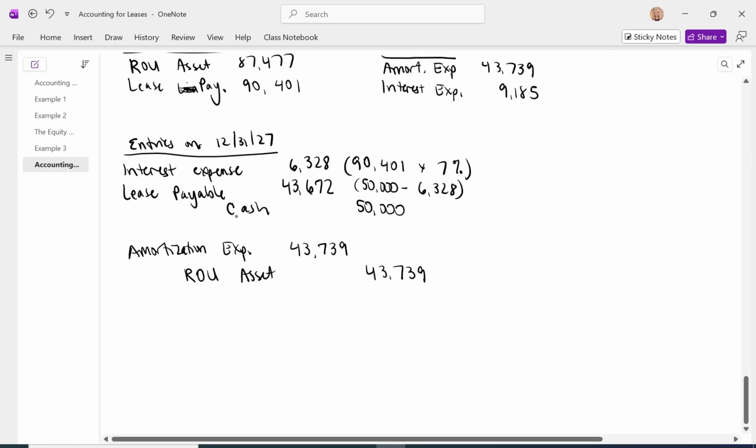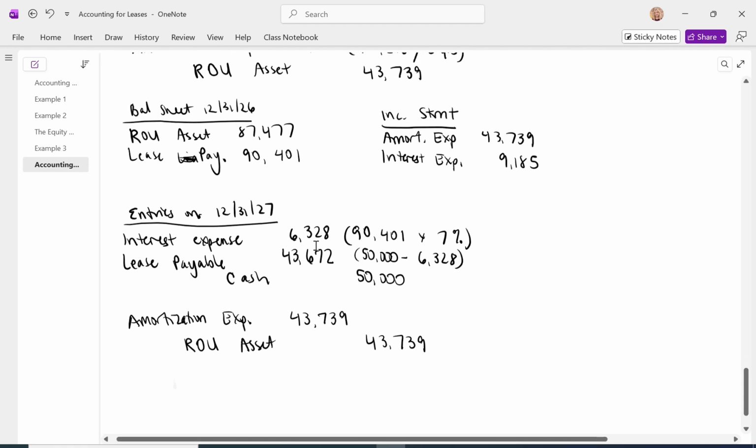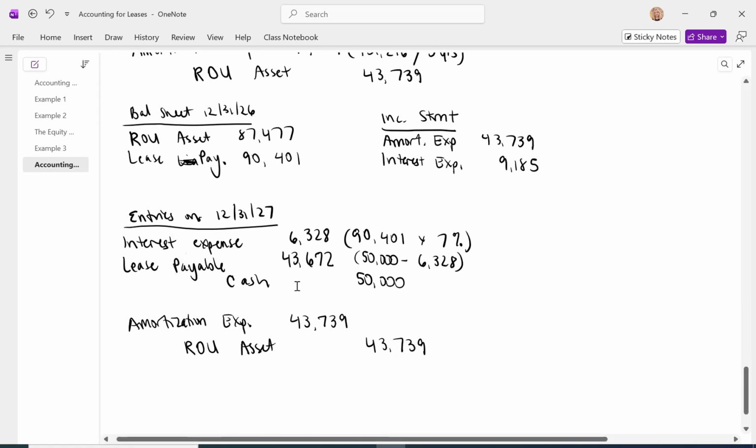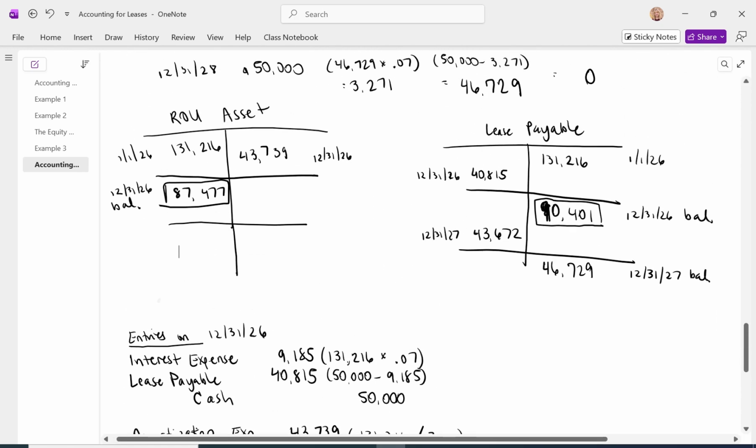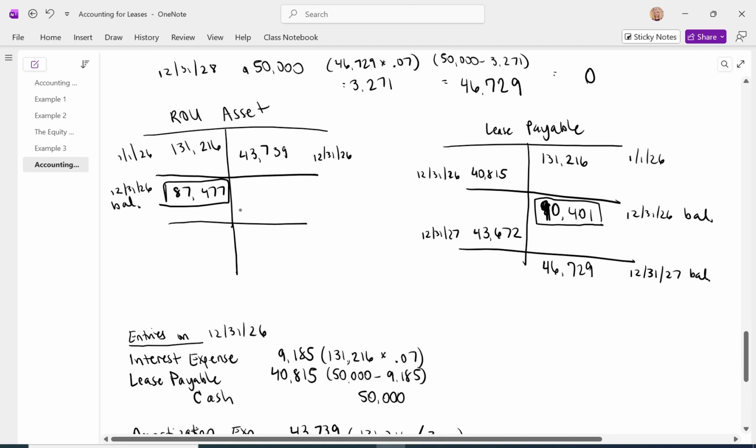And then my amortization expense is going to be exactly the same as what we recorded the prior year, straight line amortization, so 43,739. Directly reduce the right of use asset, 43,739. I'm going to post that journal entry to my ledger. I'm going to decrease the asset, 43,739.